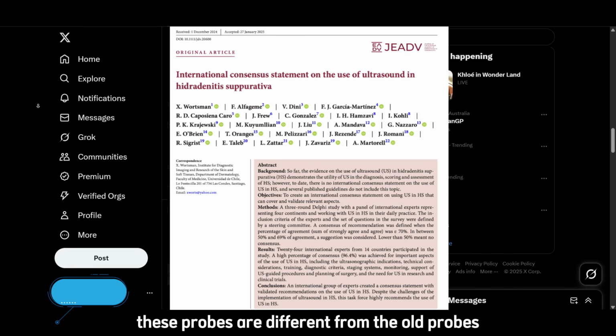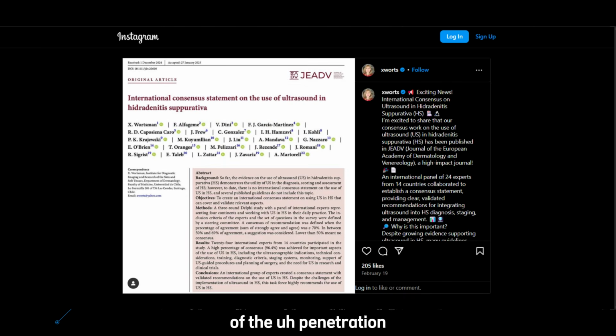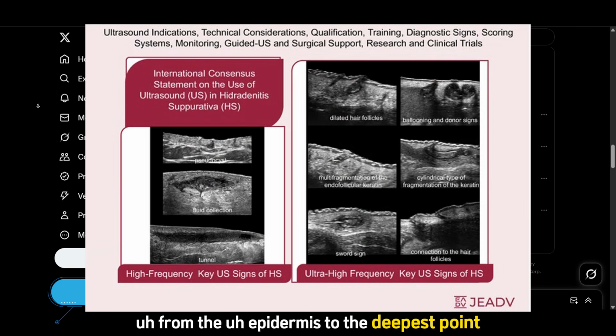These probes are different from the old probes because you can adjust the frequency, and that allows you to adjust the depth of the penetration. So you can observe, for example, a skin tumor from the epidermis to the deepest point.